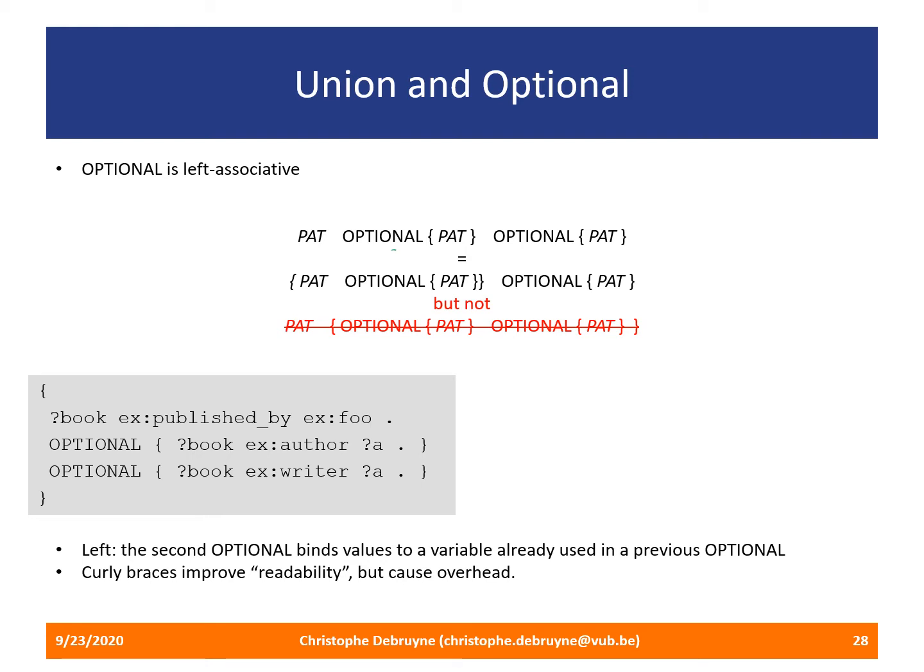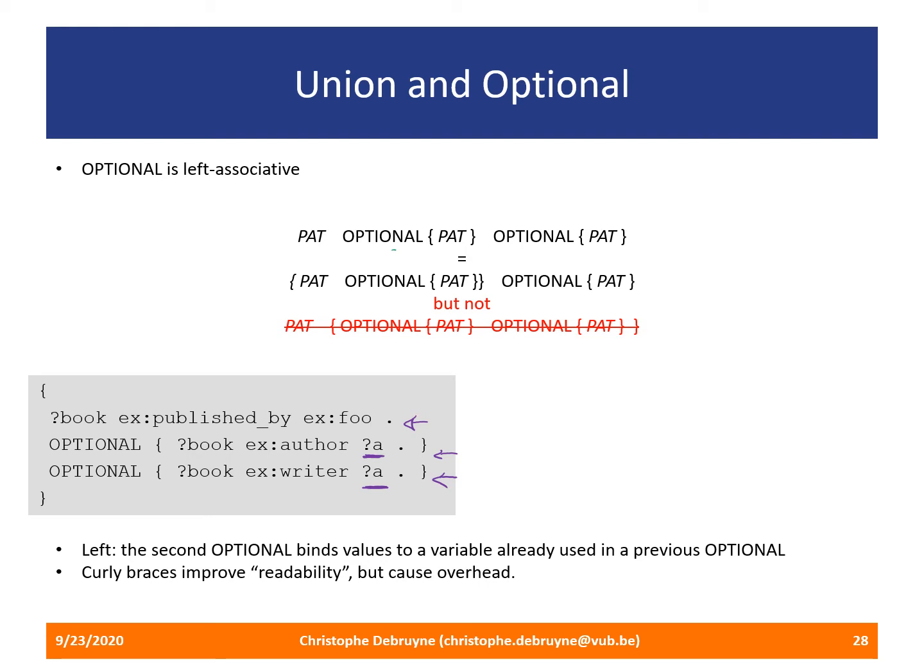Now, because of that, here's an example. Here on the left, we have a graph pattern with one triple pattern and two optional triple patterns. What I want you to notice is that the first optional is looking for an author, and that value will be bound to A. And then the other optional is also looking for something, a writer, and it will also be bound to A. Now, what will happen here?